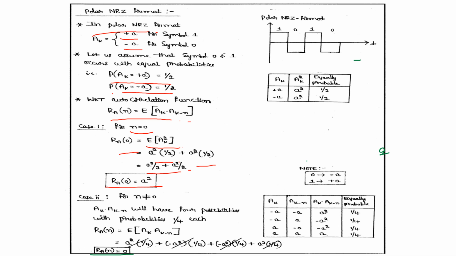When n is not equal to 0, ak into ak minus 1 will have 4 possibilities with probabilities of 1 by 4 each: minus A minus A, minus A plus A, plus A minus A, plus A plus A. So A square, minus A square, minus A square, plus A square. When you substitute here, the value of this is going to be 0. So the existence of power spectral density in case of polar is only when n is equal to 0.